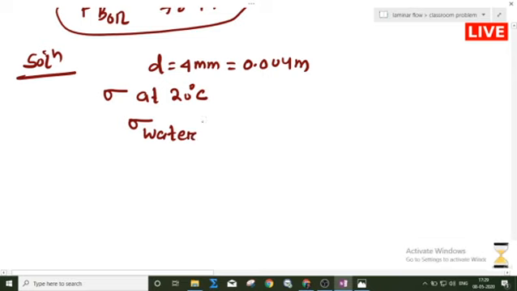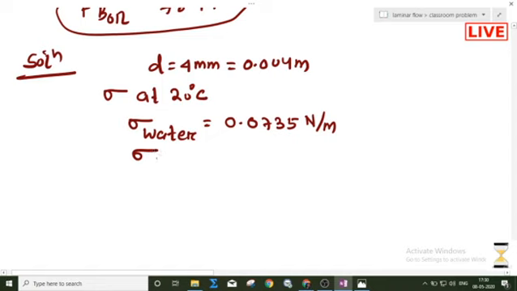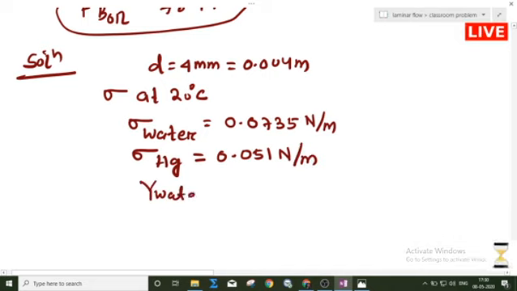So water-glass surface tension is 0.0735 Newton per meter. Okay, and surface tension for mercury is given to you as 0.051 Newton per meter. What is the specific weight of the water given to us? Specific weight of the water is 9790 Newton per meter cube.